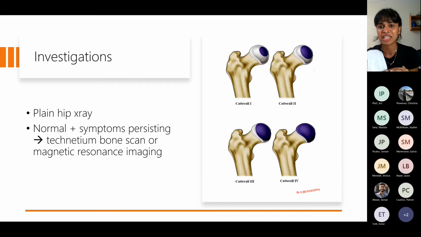Histological features are used to stage it. Stage 1 is basically normal, and stage 2 onwards has sclerosis, thickening of the bone, with no cystic changes, and it gets worse and worse. Then the structural integrity of the femoral head is affected at stage 3, and there are only 4 stages. You can learn it if you want, I just don't know if it's that relevant. I didn't really learn what each one was, but just be aware that it's a staging system they use.